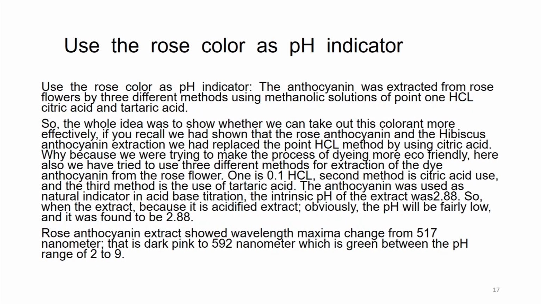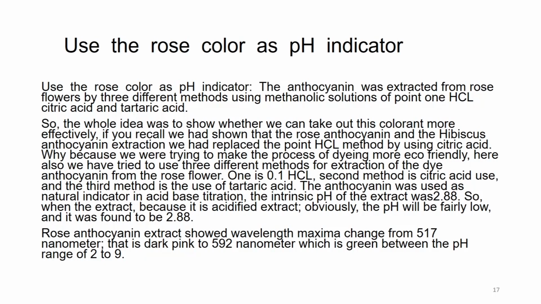Because it is an acidified extract, obviously the pH will be fairly low, and it was found to be 2.88 because it was extracted in acid solution, whether it is 0.1 HCl, citric acid or tartaric acid.